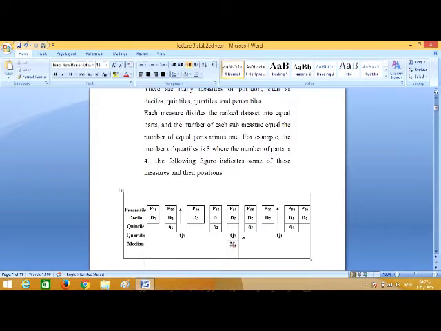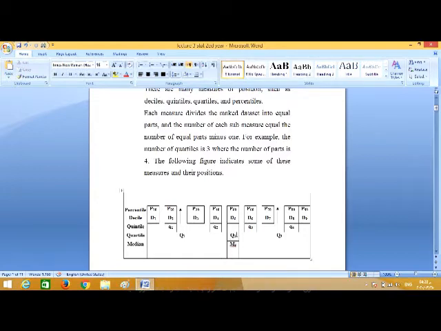Okay? For example, the first quartile is the measure that divides the data set into 2 parts. One represents 25% and the other is 75%. So we have 25% less than Q1 or first quartile, and 75% is larger than the first quartile. The second quartile is the median.